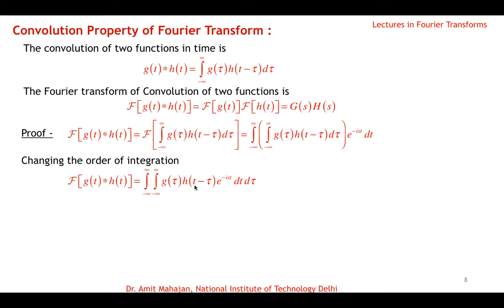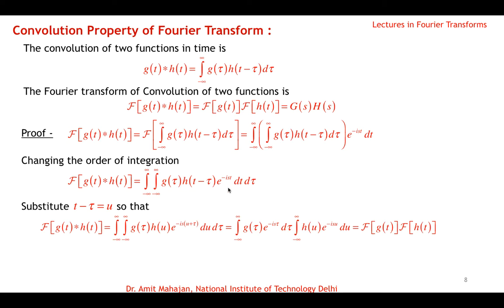Now we substitute t minus tau as a new variable, say u. Then dt d tau can be written as du d tau multiplied with the modulus of the Jacobian, and you can calculate the Jacobian. In this case the Jacobian is 1.